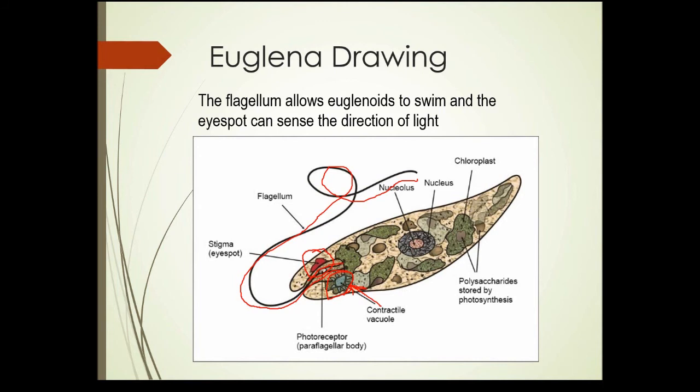A nucleus that contains the DNA. These are eukaryotic organisms. Over here, we can see here and here polysaccharides, meaning sugars, that have been stored by photosynthesis.